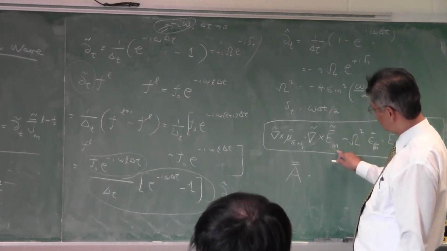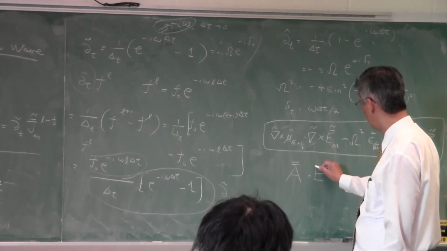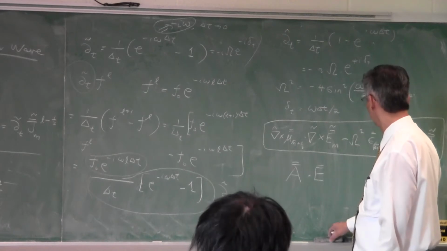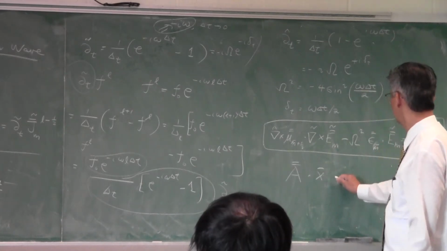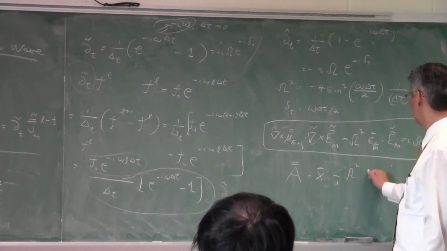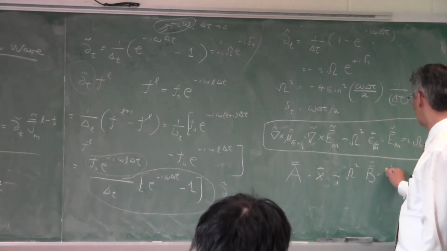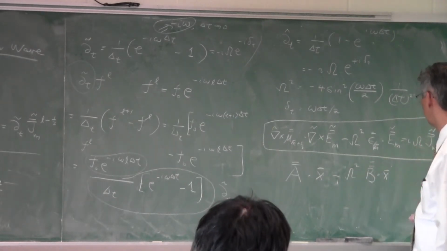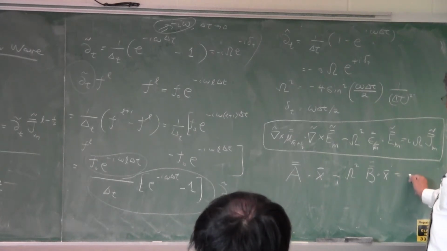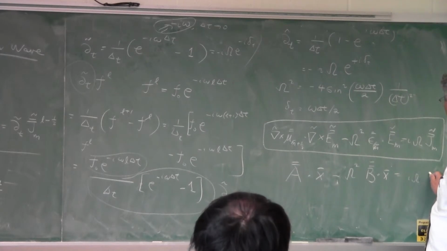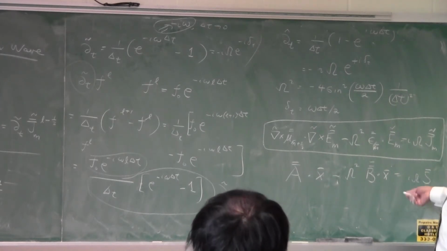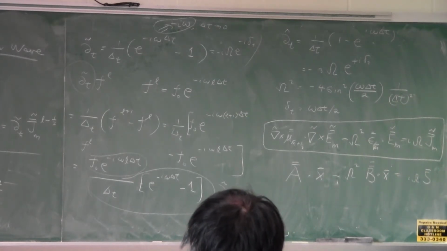I can put all these indices into a very long vector x, minus omega squared times another matrix b times the same vector x, equal to I omega times another vector s. This is what Maxwell's equations is all about.